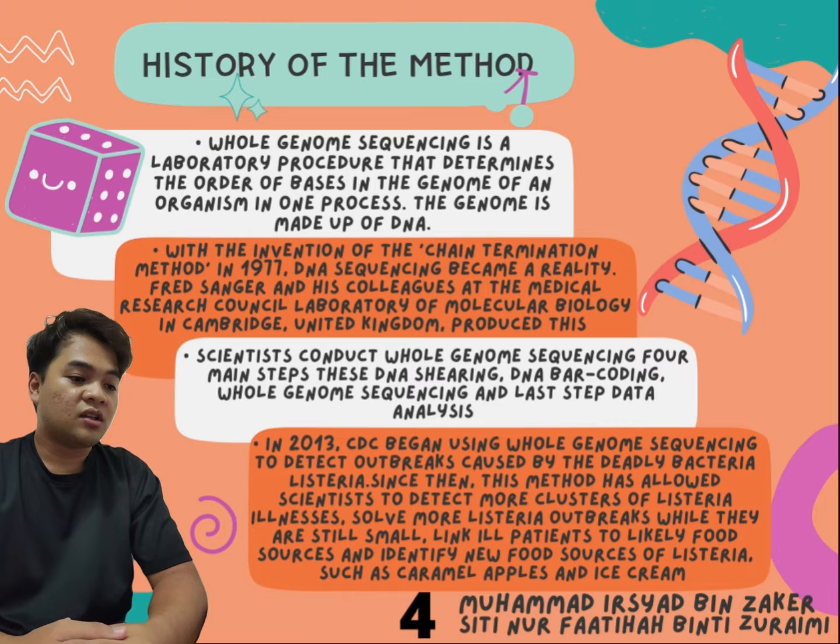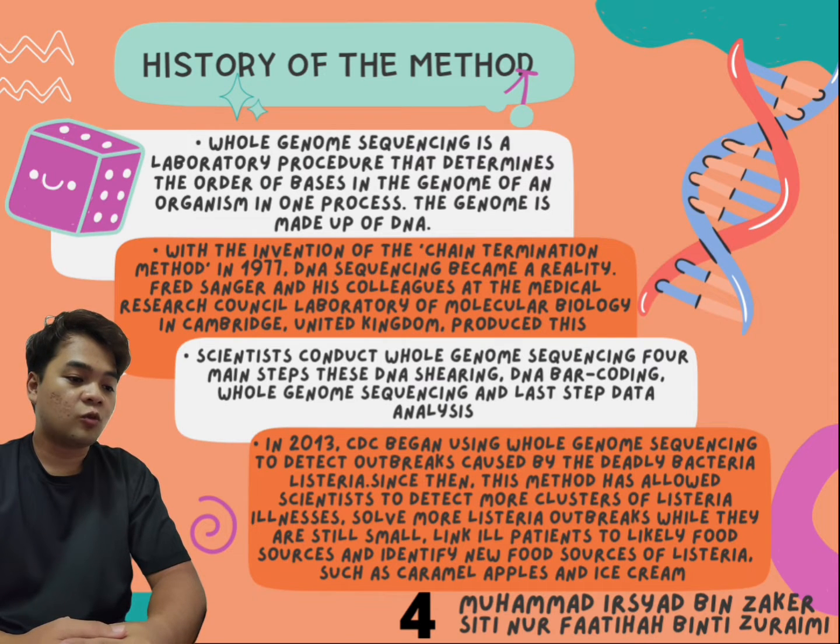Frederick Sanger and his colleagues at the Medical Research Council Laboratory of Molecular Biology in Cambridge, United Kingdom, proved this. There was no way of reading the genetic code before this. Even for a small genome, therefore, it was a huge breakthrough.